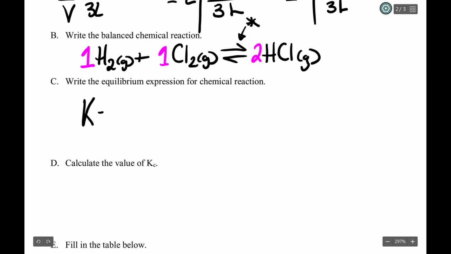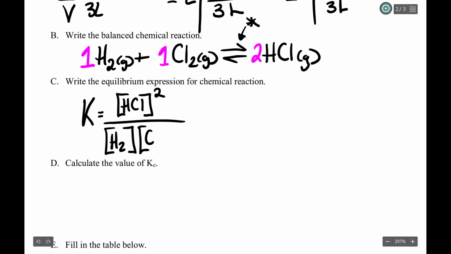So K is equal to products over reactants concentration, so square brackets for concentration, HCl raised to the power of 2 all over H2 raised to the power of 1, Cl2 raised to the power of 1. I double check, are all my states the same? Is this a homogeneous mixture? Yes, it is. I double check, are the coefficients correct? This is a 1, yes. This is a 1, yes. This is a 2. I got my 2 there. Perfect.